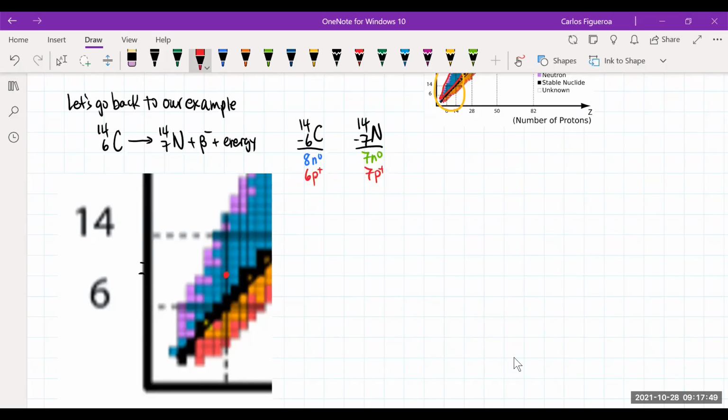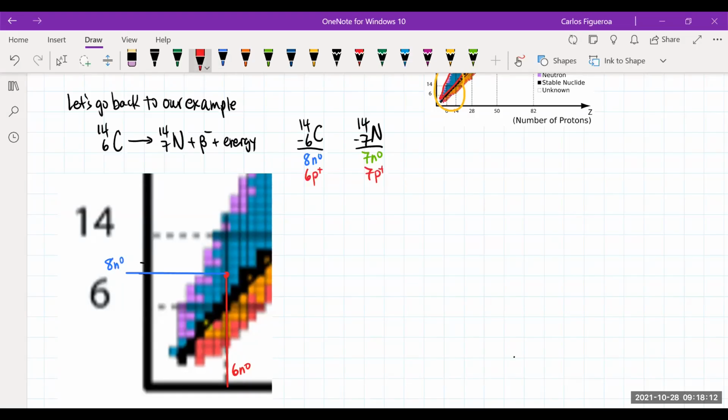So what am I seeing here? Well, this red line for carbon implies that it has 6 neutrons. Look at the blue. How many neutrons does it have? I'm going to draw it in blue. That line represents 8 neutrons.